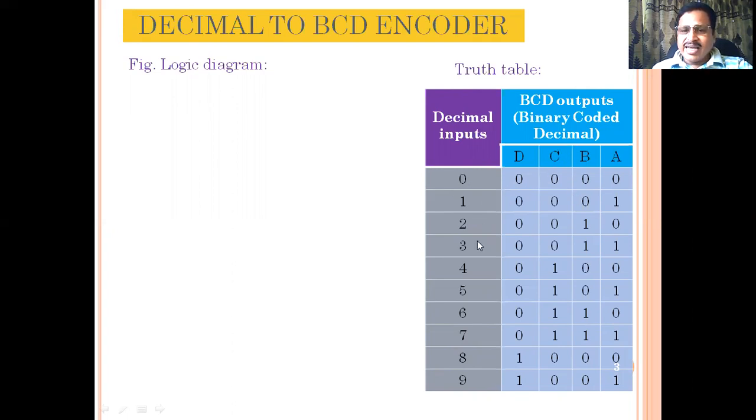So this could be the input for our circuit, decimal 0, 1 up to 9, and corresponding to each digit, the 4-bit binary coded decimal, means BCD, will be produced by this circuit as a part of its encoding. Let us see now how to construct a logic diagram for this operation, which has 10 decimal inputs and a 4-bit binary output that represents the BCD code for every decimal digit we apply at the input.